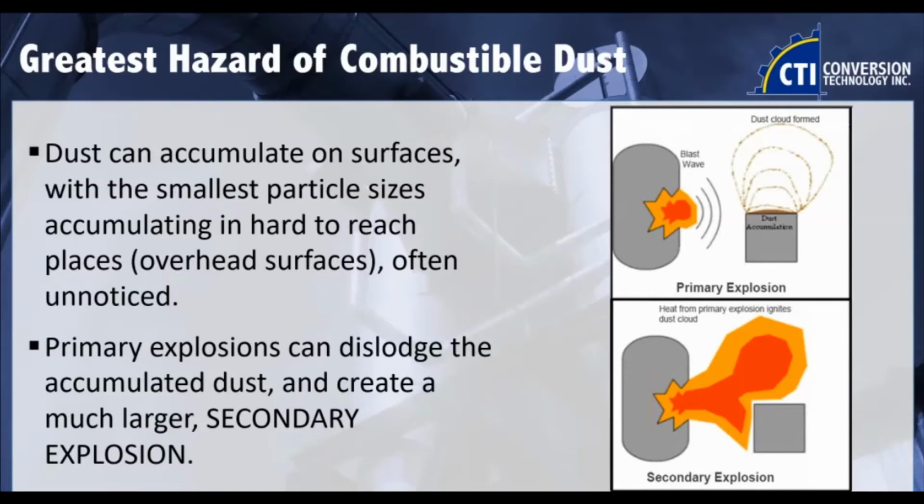So that can spread fire very rapidly through a building and process, blow the roof off a building, which I have seen before, or otherwise just expose employees to flash fire.